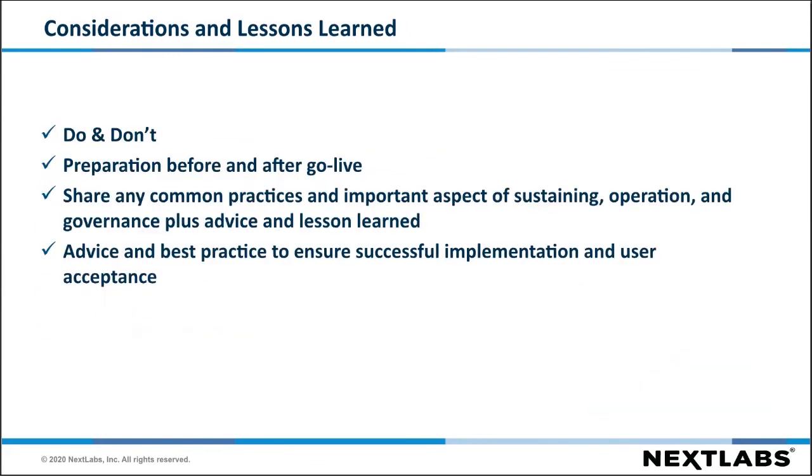So do's and don'ts, we really talked about this. Make sure you're limiting your number of attributes that you're using in your policies. That will pay you dividends later and give you a much more simplistic and transparent solution in the future. Make sure that you're educating your user base on what changes they can notice and where they need to reach out to for certain issues.